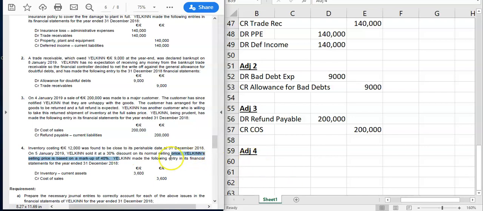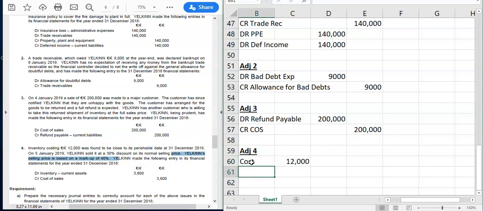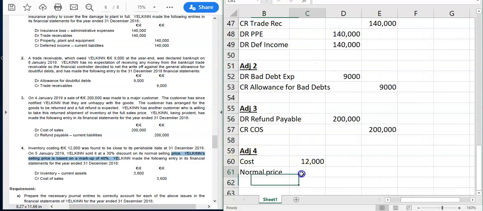But we first have to figure out what they sold it for after the year end. So we know the cost of this is 12,000, and we know the normal selling price is based on a markup of 40%. How you get the normal price is you add on 40%, times 1.4. That's what a markup means, it's a markup on cost.